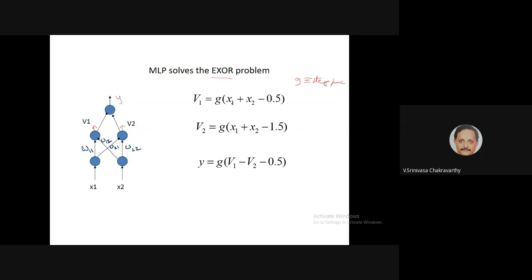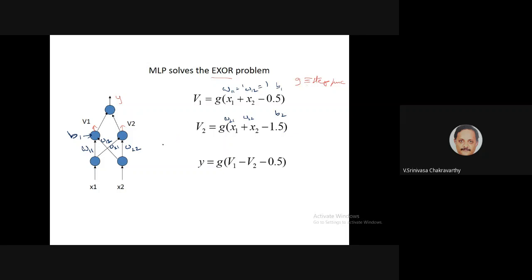Now W11 is equal to 1, W12 is also equal to 1, and bias B1 is equal to 0.5. Then W21 and W22 are both equal to 1, and bias B2 is 1.5.